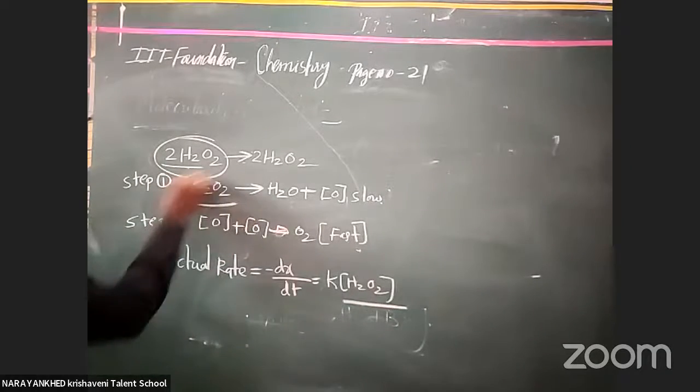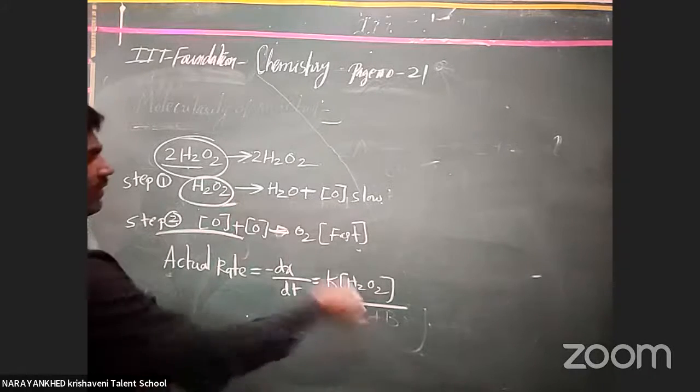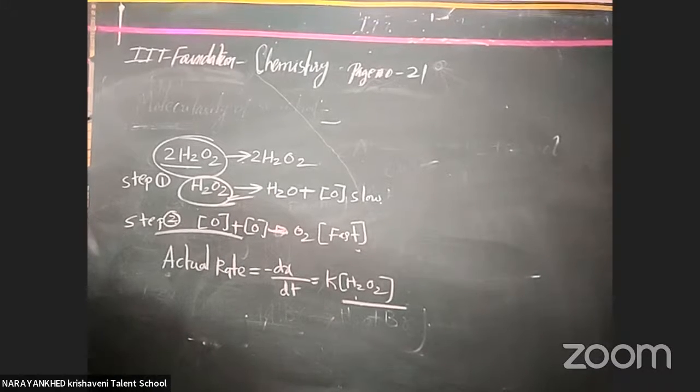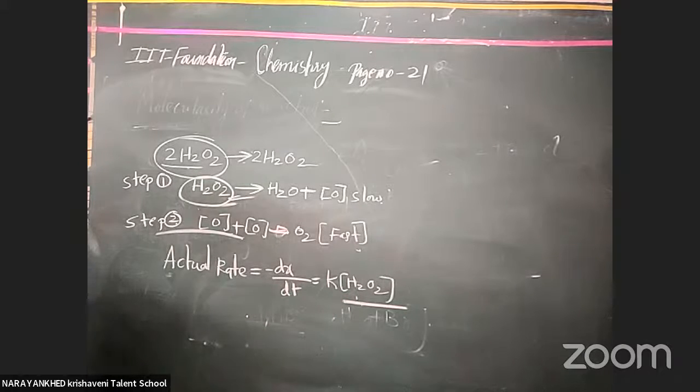Why H2O2? Because they have taken this reaction only. Do you all understand? We do not consider the other reactions, only this reaction. That only becomes the rate. The actual rate depends on the concentration of hydrogen peroxide only.